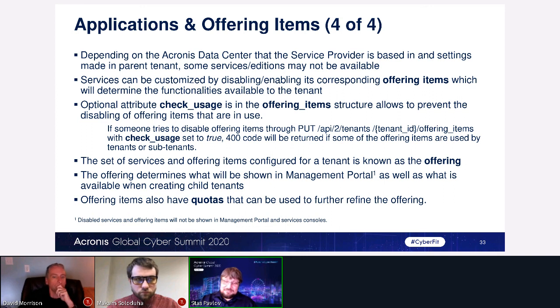Because when you disable offering items, and you can do it without any exclamation mark like you normally see in our management console, all the data will be deleted immediately. So you can protect it as you want. And quota gives you the possibility to limit usage or just notify your partners and customers regarding usage of this specific protection.